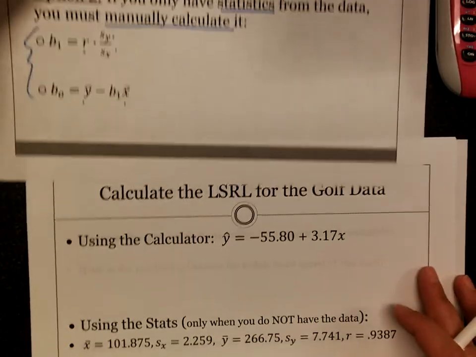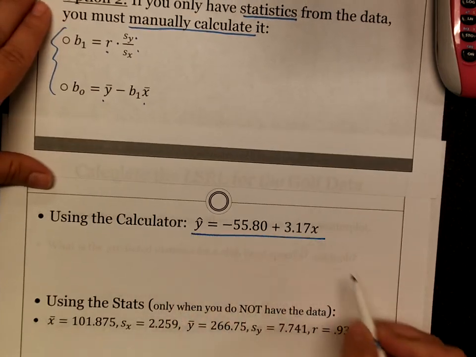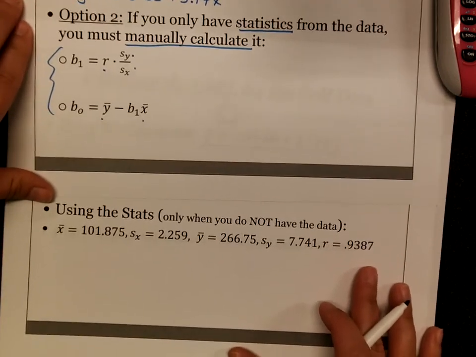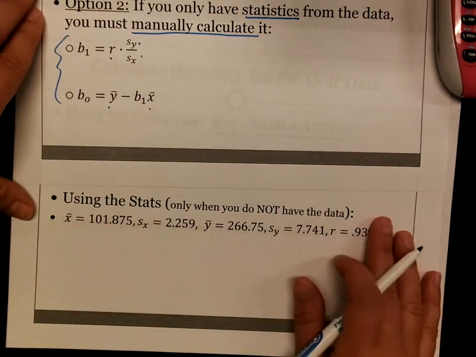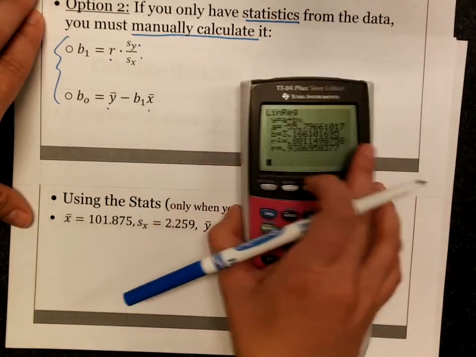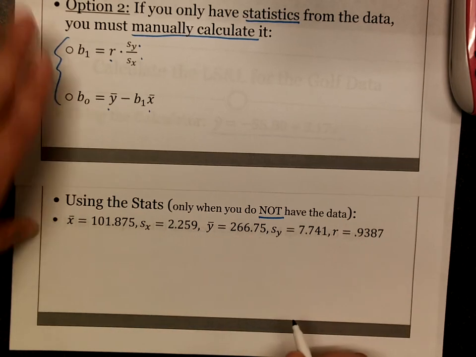I believe the next slide has us just run through that once. Normally we can just get the equation right off the calculator. Let me just show you once how to use the statistics. So let's pretend that we do not have the data in our calculator. We don't have this to use at all. They just tell us those pieces of information.